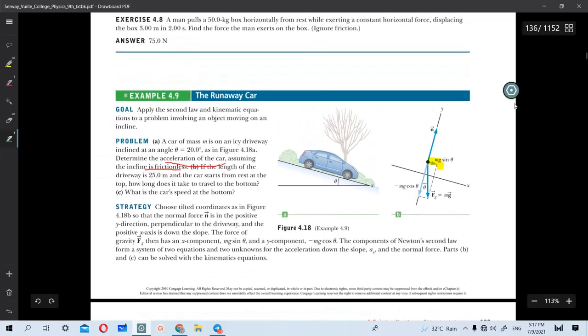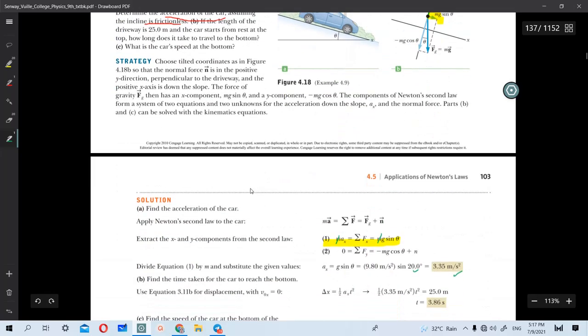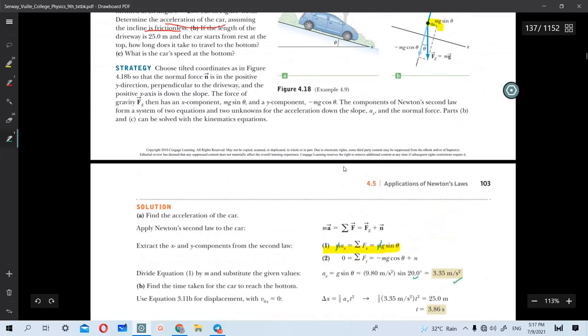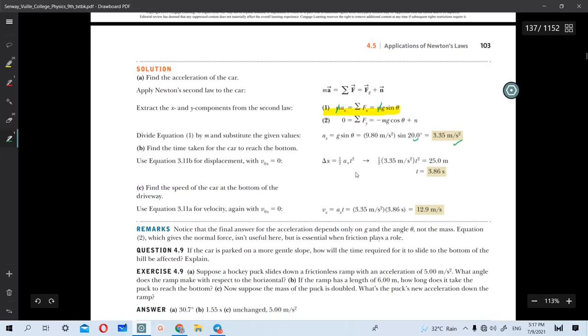Now, what about part b? If the length of the driveway is 25 meters and the car starts from rest at the top, how long does it take to travel to the bottom? To reach the bottom, remember the kinematic expression that you have seen earlier: delta x equals ut plus half at squared.